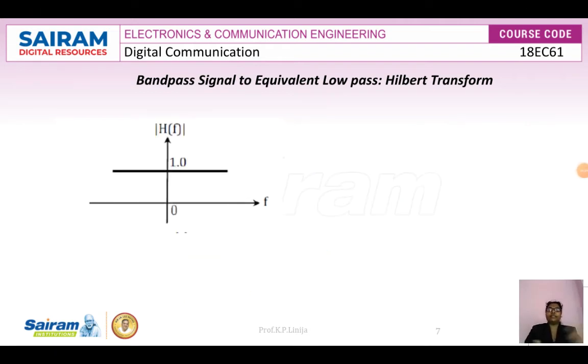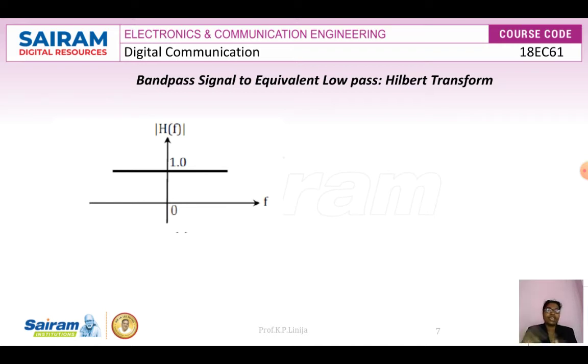Then followed by this, we have to discuss the signum function and the proof of the Hilbert transform. We know that the magnitude of the frequency components of g(t) will remain unchanged.